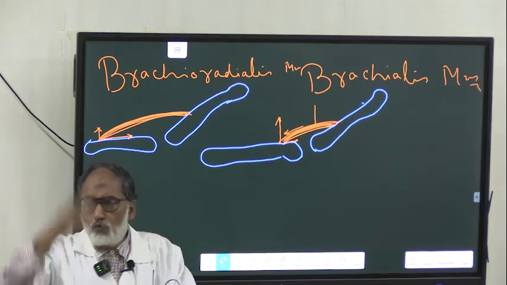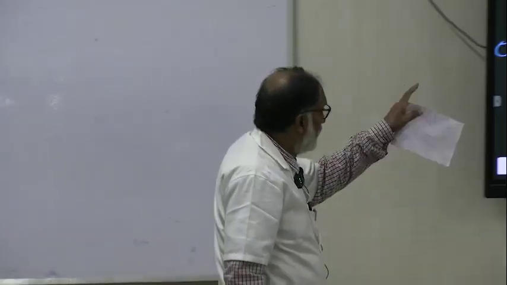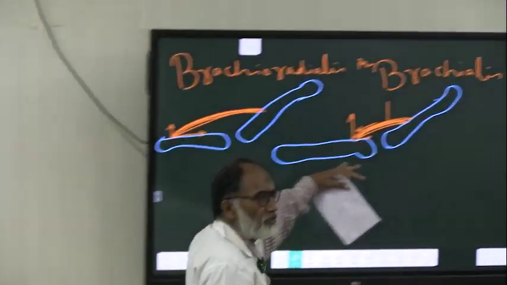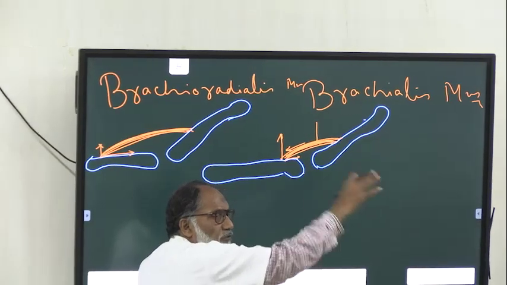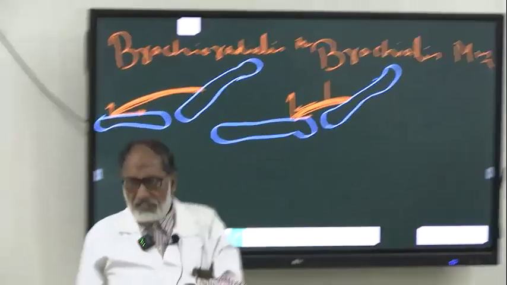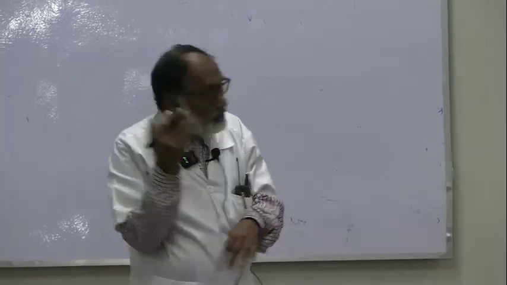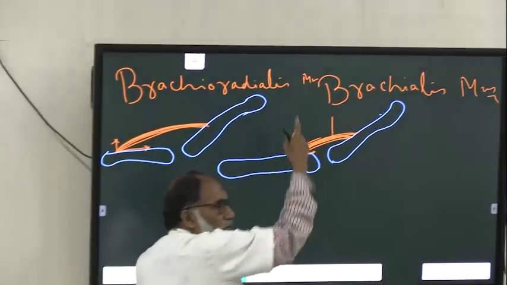If we resolve it into two components of the vector, one is vertical and one is transverse. Transverse means across the joint, along the shaft of the bone, and this is the vertical axis. Vertical axis actually causes the angular movement.